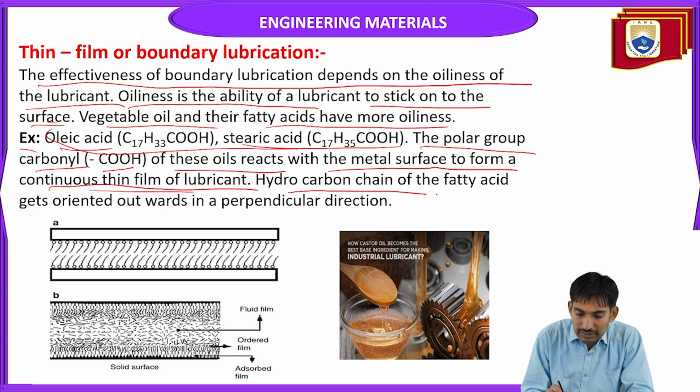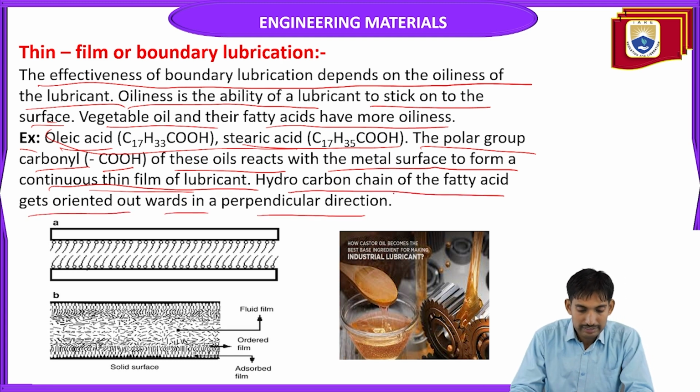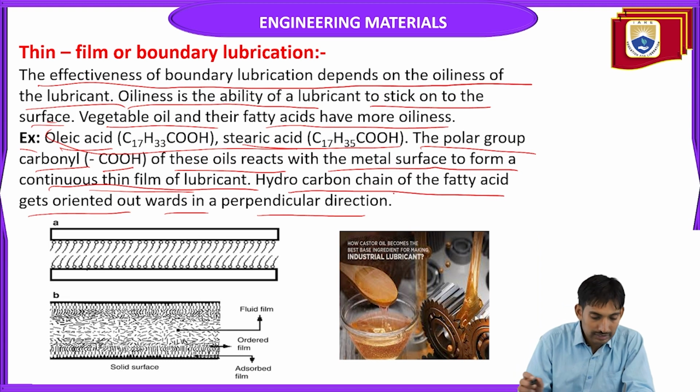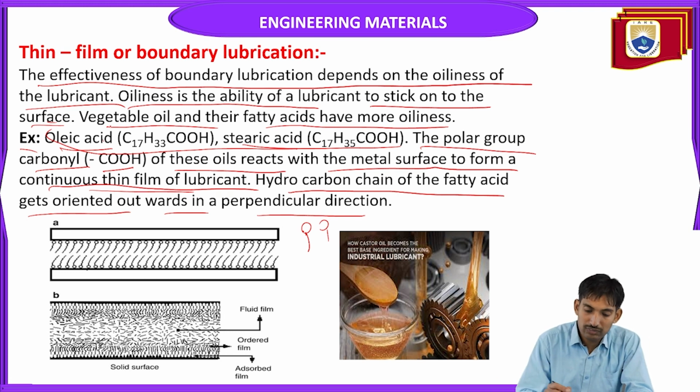The hydrocarbon chain of the fatty acids gets oriented outwards, perpendicular to the direction. See, this is the lubricant oil, which contains oleic acid. This round circle indicates the COOH functional group. COOH is polar, indicated with a circle, and this tail is non-polar.